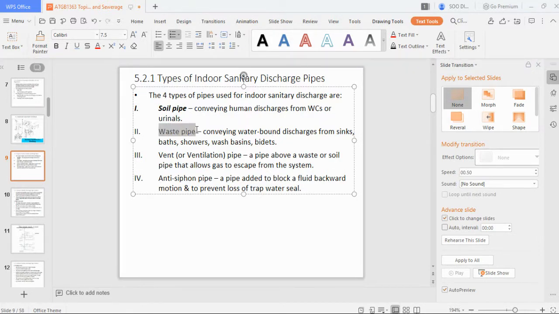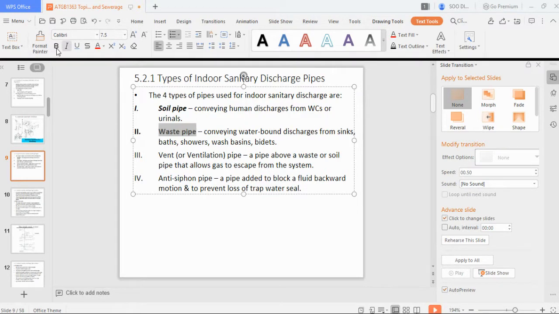And then we have our waste pipe, which conveys any waterborne discharge from our sink, bath, shower, wash basin, and bidet. So we can have 2 types of pipe for our discharge. One is the soil pipe for only human discharge. Another is the waste pipe for any waterborne discharge from sink, bath, shower, wash basin, or bidet.